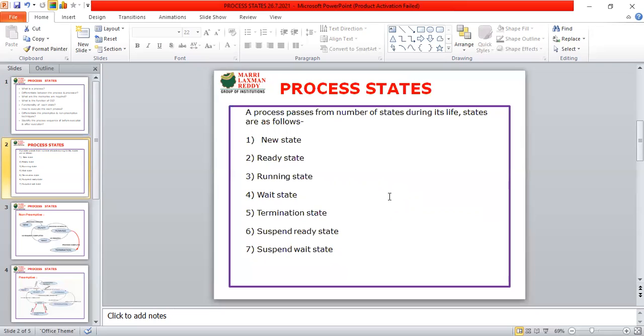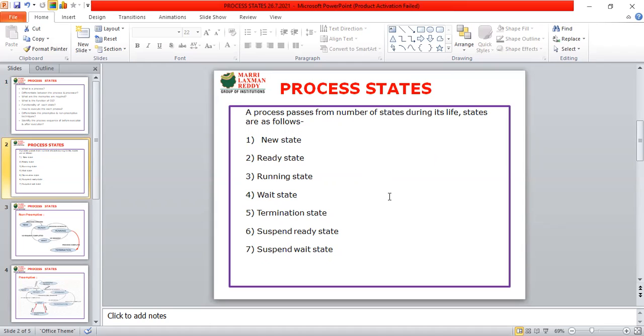The execution process is the running state. In the waiting state, sometimes some resources are not available, and at that time the process waits in the waiting state. After execution, the process goes to the termination state.